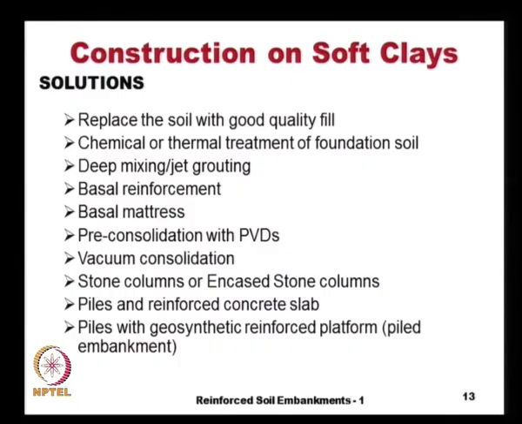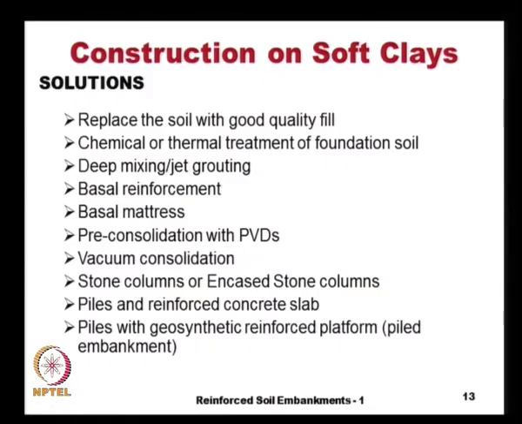Sometimes planar reinforcement may not be sufficient because of the height of the embankment. In such cases, we can provide a 3-dimensional type of mattress that could be filled with stone aggregates or some other very strong materials, so that we form a semi-rigid mat. Or we can use pre-consolidation with prefabricated vertical drains, or through the vacuum consolidation, or we can use our traditional stone columns or the encased stone columns.